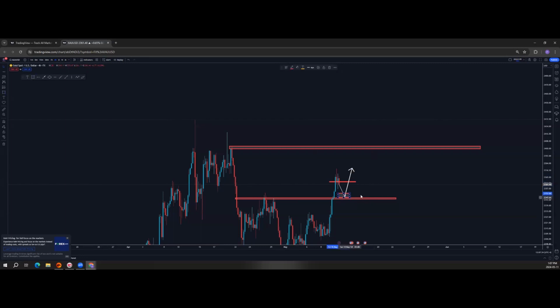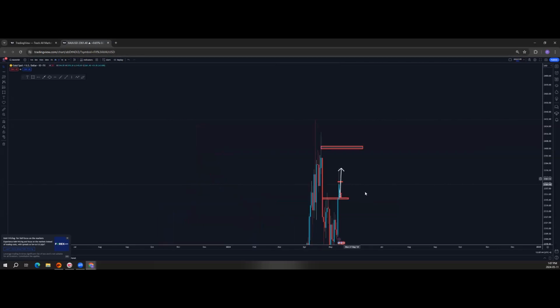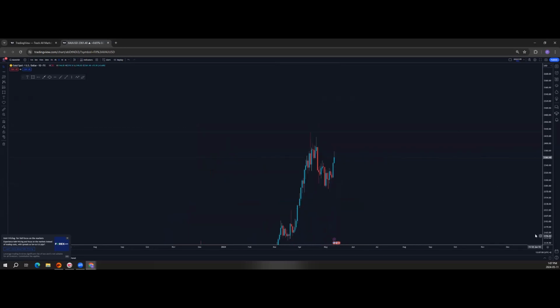Now, here's the thing though. This is the 4 hour. If I was to go to the daily and the weekly, I would be looking at the fact that it is due to go up to a newer all-time high. It's forming a cup to go back up. Now it could very well turn, I don't know. See what's happening there.